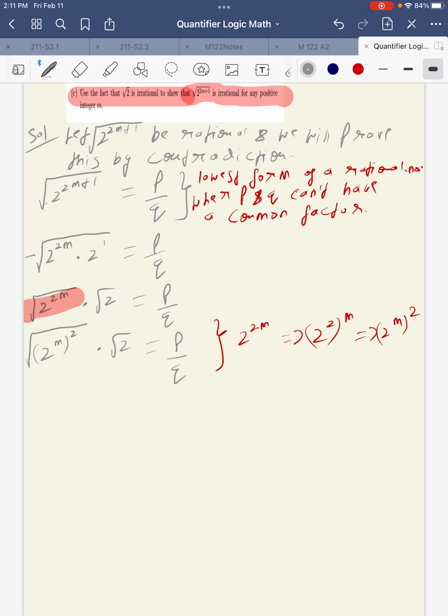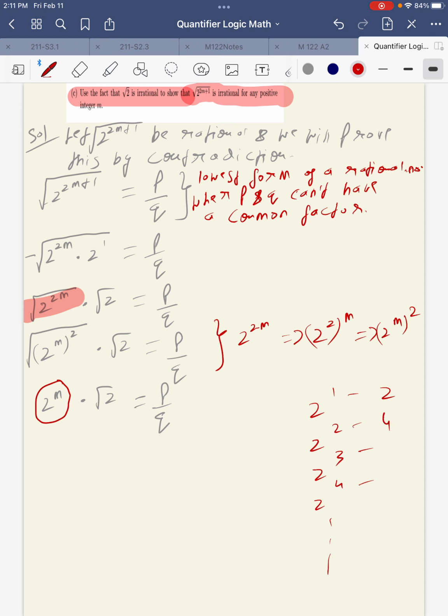Alright, so this will just become 2 to the power m dot the square root of 2 equals p over q, where m is an integer, p is an integer, q is an integer. Now we can see that 2 to the power of any positive integer is an even number.